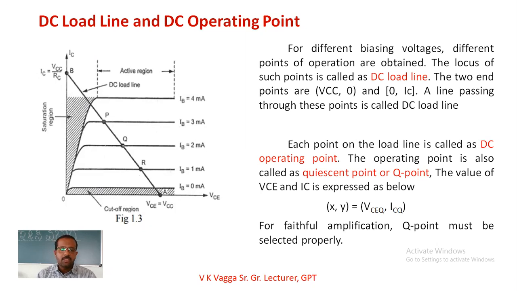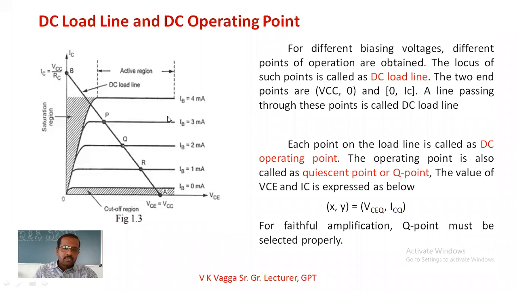If you draw the line here, this itself is the DC load line, and you can see this point A and the point B are the two end points. Point A is indicated as (VCC, 0), and point B is indicated as (0, IC) here.